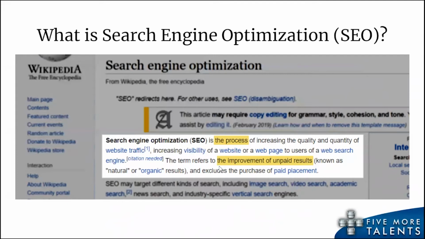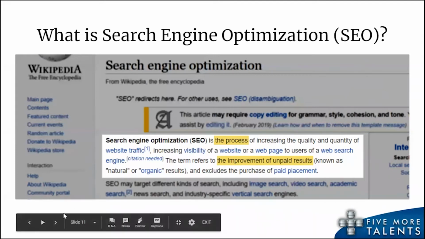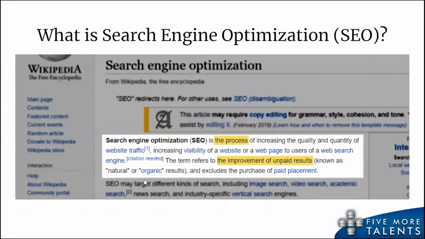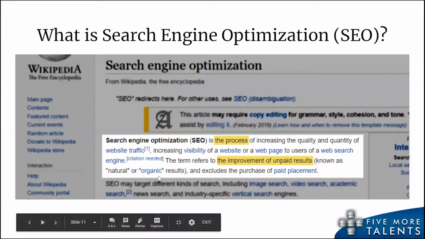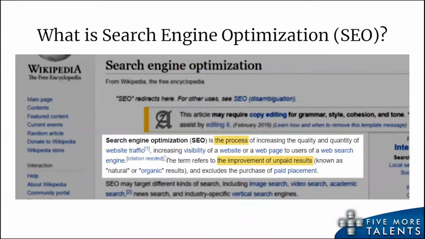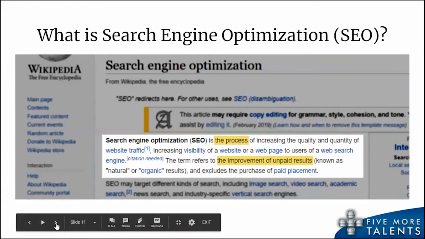But what we're talking about with search engine optimization is, how do you improve the unpaid results? How do you get your website to appear at the top of the list when people are searching for keywords that match what your website is about?